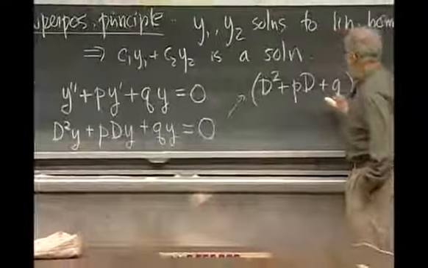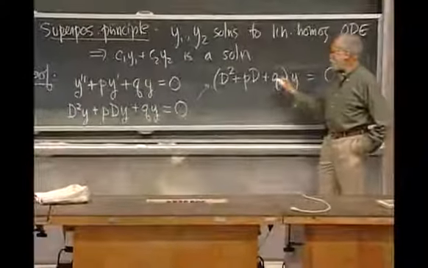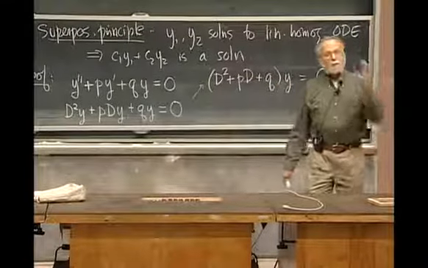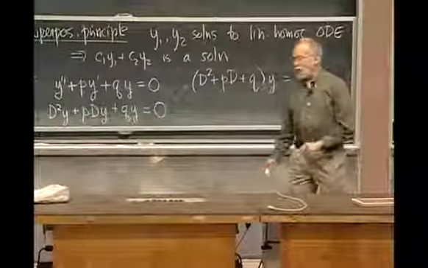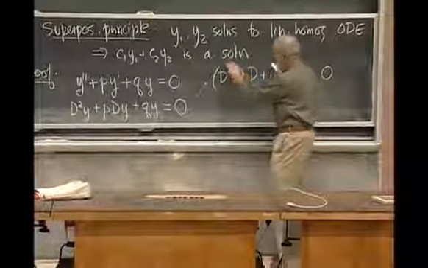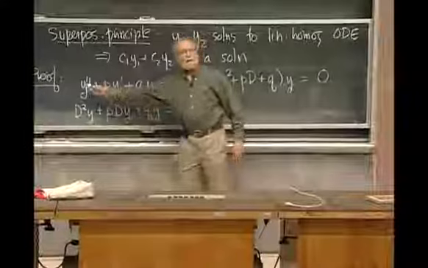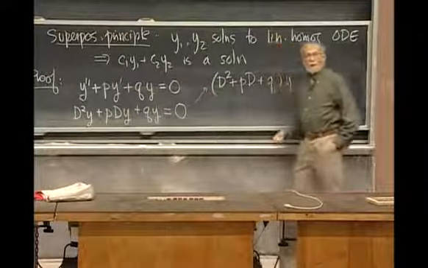I'm not multiplying D times y. I'm multiplying q times y, but I'm applying D to y. Nonetheless, the notation is very suggestive of multiplication, and this in turn implies that. That's what I'm just transforming.